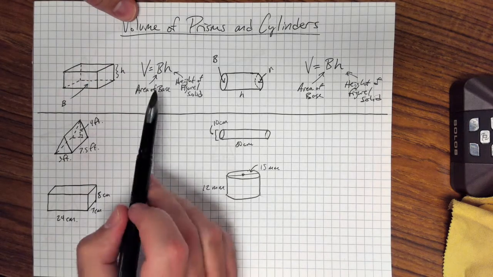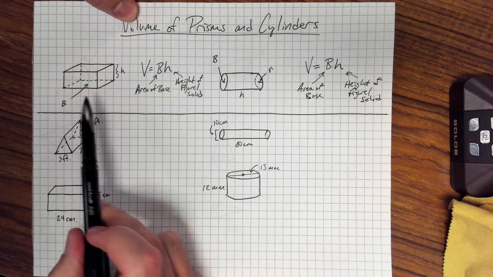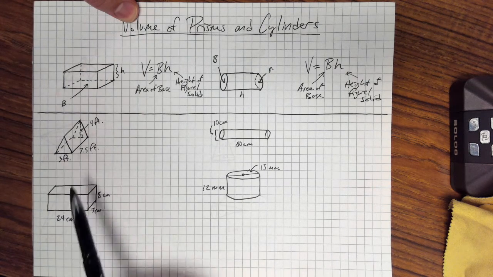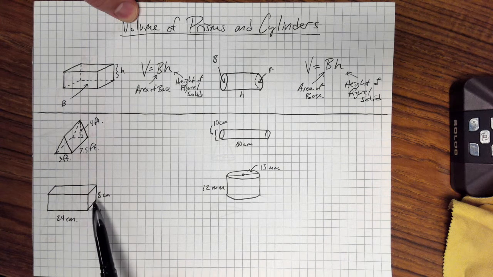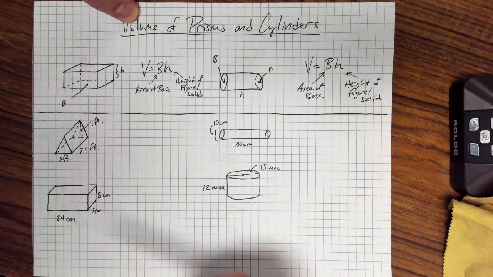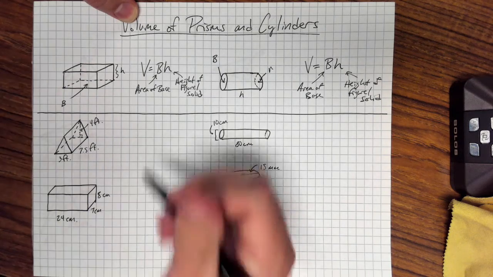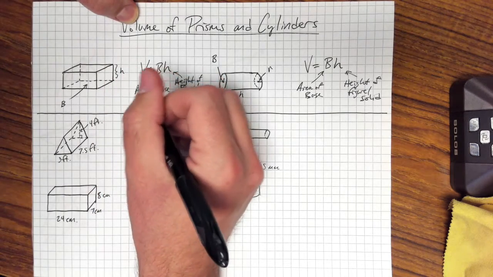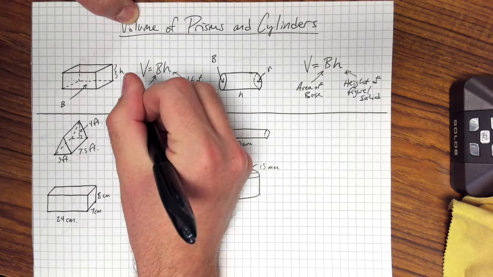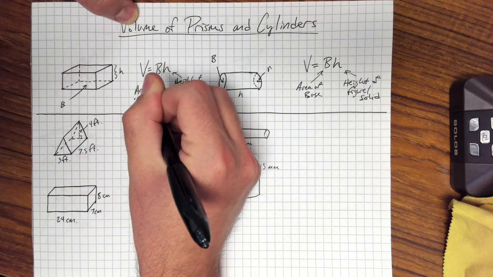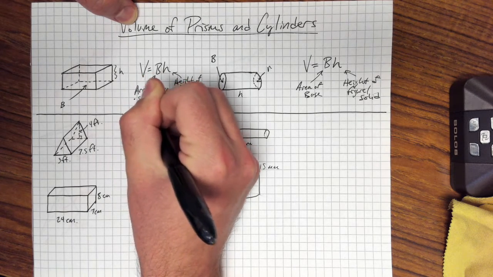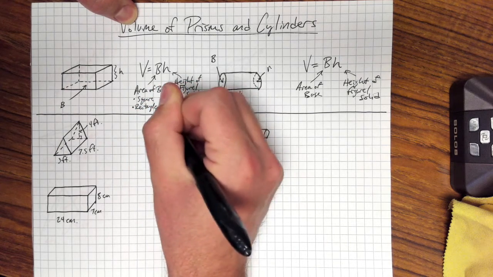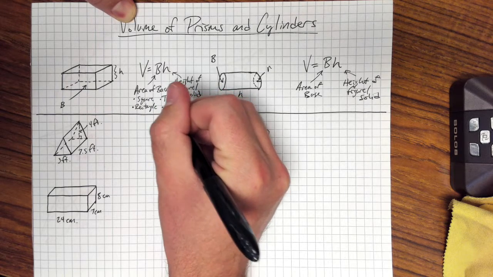For this one, a prism, I've drawn it for you. A prism could have a square as its base, a triangle as its base, a rectangle as its base, or it could actually have a trapezoid as its base as well. So right here, under area of base for this formula, you need to actually note what its bases could be. So again, its base could be a square, rectangle, I'm going to abbreviate trapezoid, or triangle.